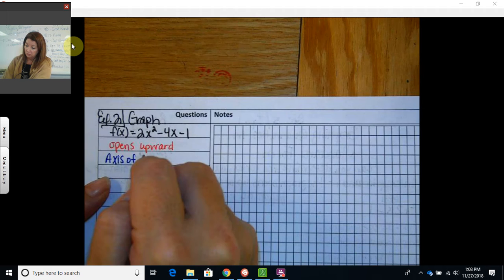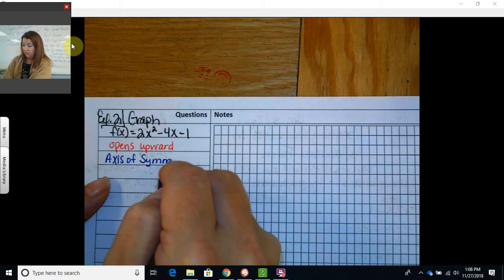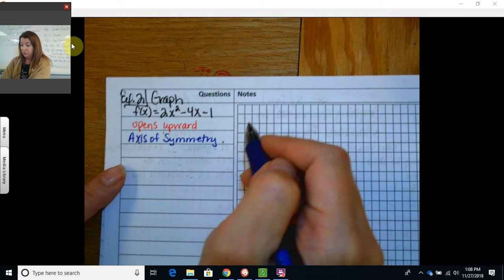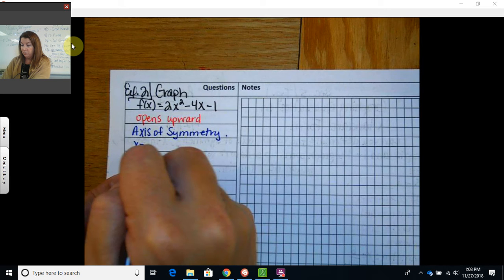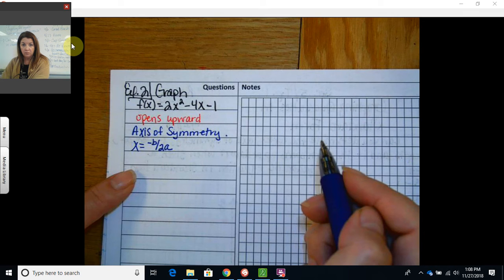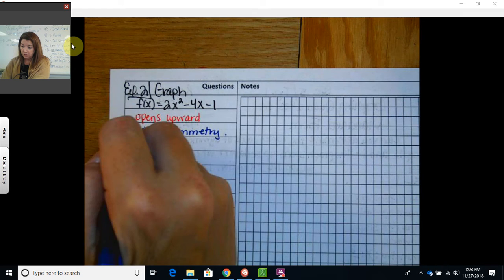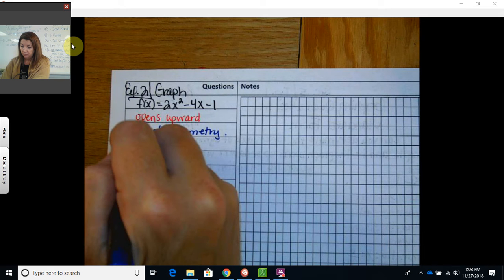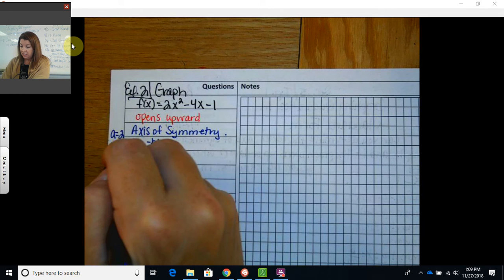The axis of symmetry, right? And to find the axis of symmetry, we use x equals negative b over 2a. We know that a is equal to 2, b is equal to negative 4, and c is equal to negative 1, which we don't need for the axis of symmetry.